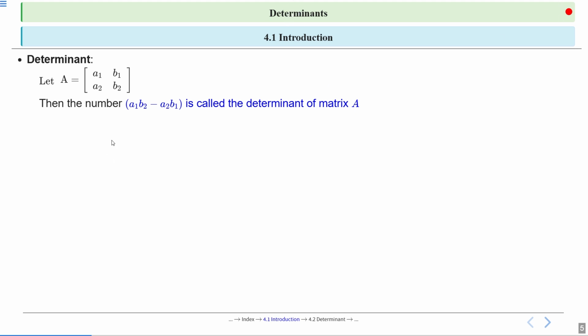And if this value, the determinant, is not equal to 0, then the system of linear equations has a unique solution. So by using determinants, we can solve the system of linear equations.